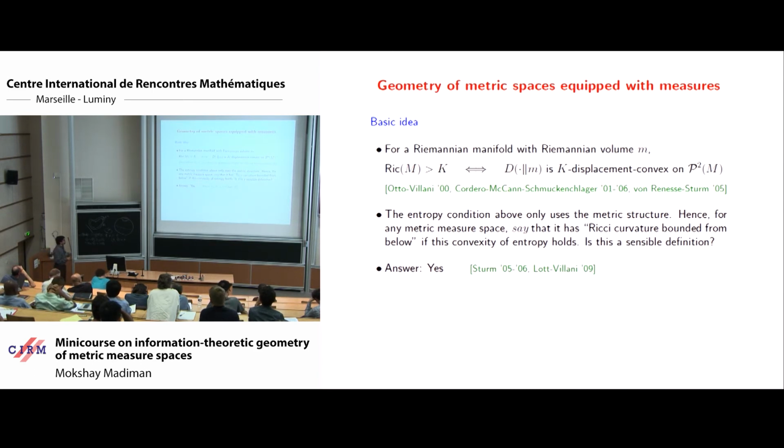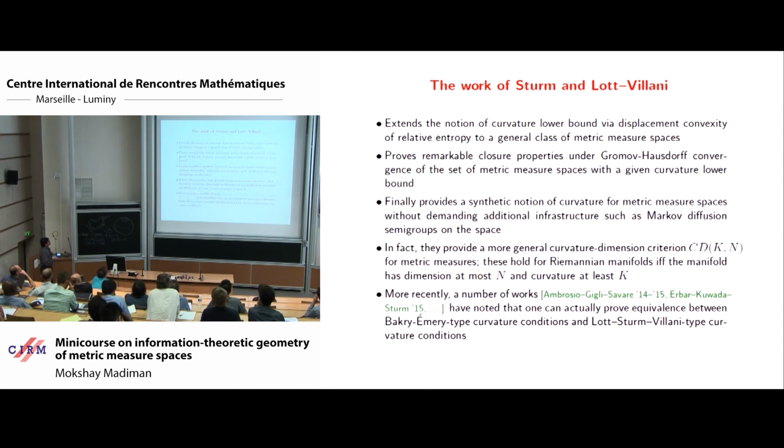And this is what was shown by Sturm and Lott and Villani in a celebrated trio of papers. So what did they do? They extended the notion of curvature lower bounds via displacement convexity of relative entropy to a general class of metric measure spaces. They proved closure properties.